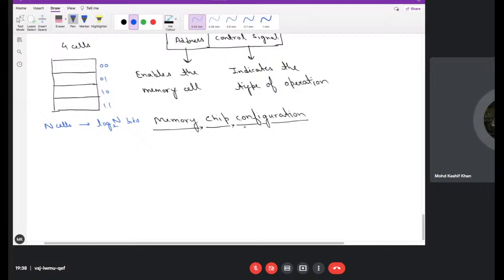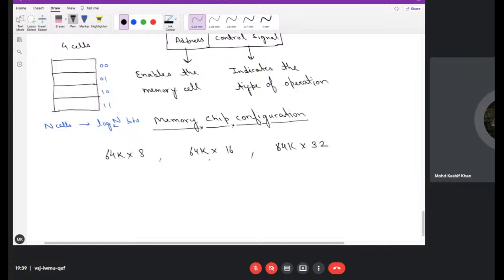Memory chip configuration is represented as, we will see now a few configurations. Maybe somewhere I hope you all have seen it written like this: 64K cross 8, one configuration; 64K cross 16, another configuration; 64K cross 32.